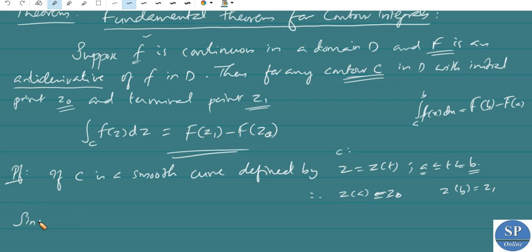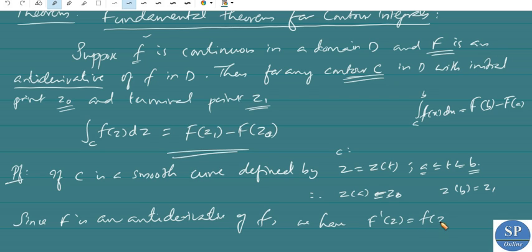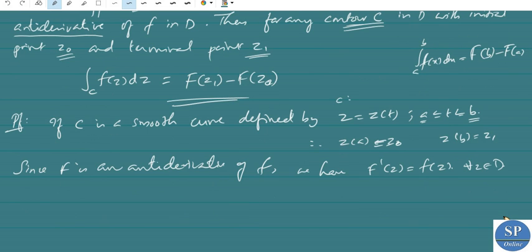Since capital F is an antiderivative of small f, we have capital F dash of z is equal to f of z for all z belongs to D. Clear? We know that.